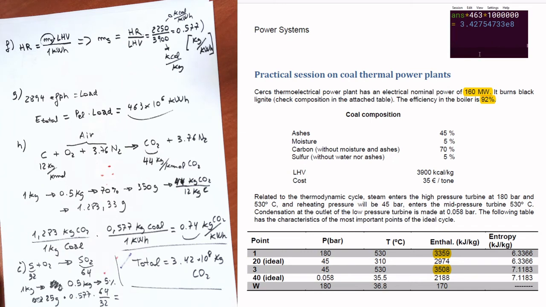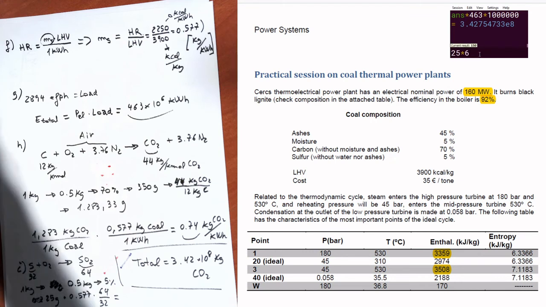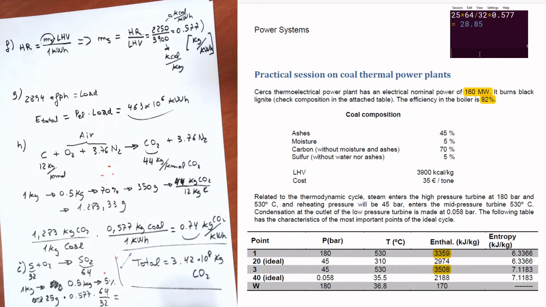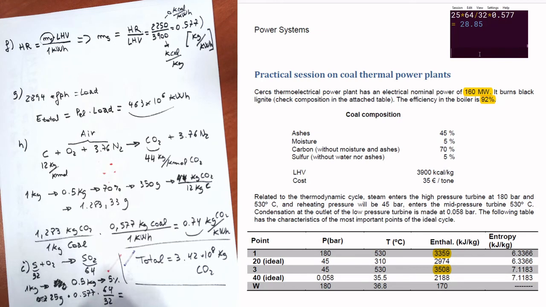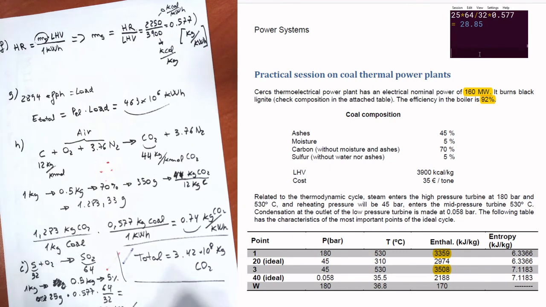The specific emissions are 25 times 64 divided by 32 times 0.577. That's 0.02885 kilos of SO2 per kilowatt hour.